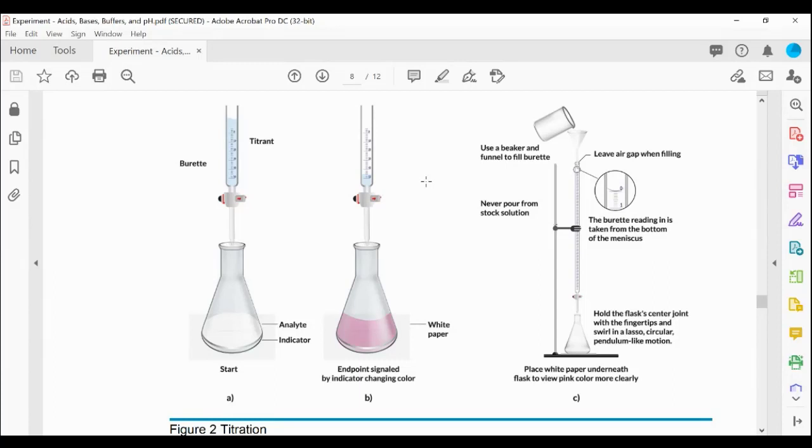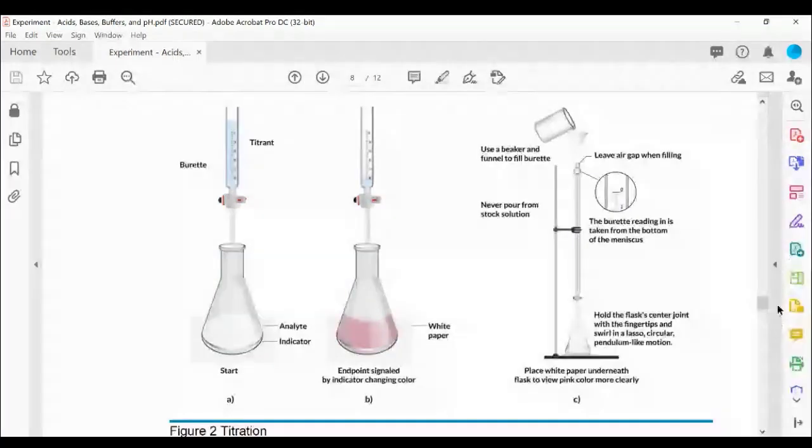The acid form of the phenolphthalein, as you see in A, is colorless, and the conjugate base form is pink, as you see in B. So one drop of the base close to the end point is usually enough to change the color of the indicator. So this is the titration that we are going to do.